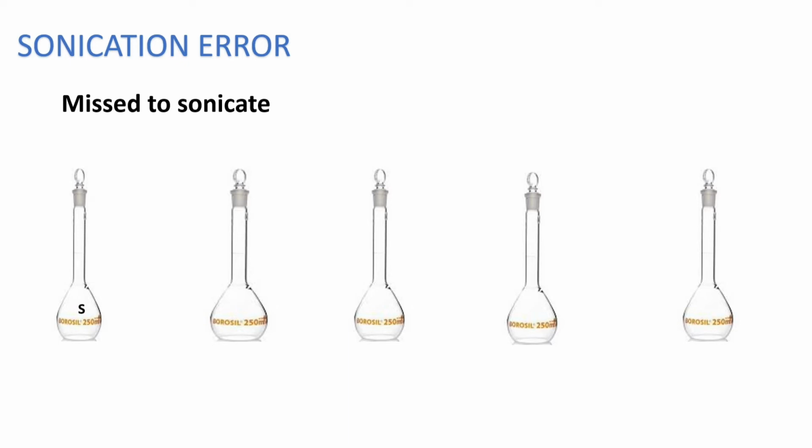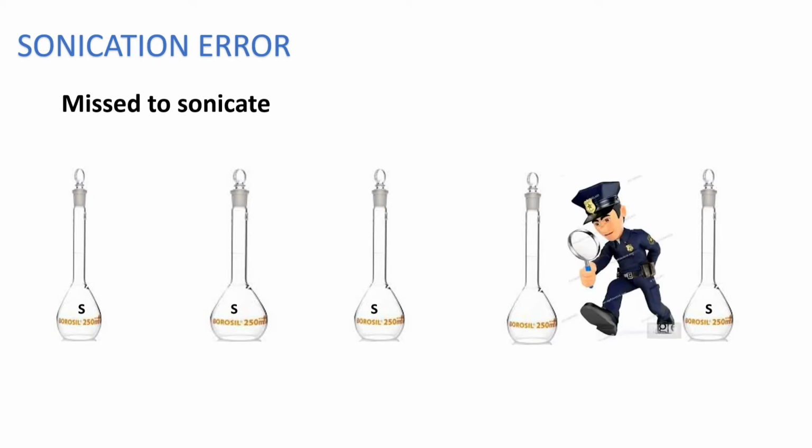So when you complete the sonication, you can put S. If you put S, it means this sonication is done. If S is not mentioned anywhere, then you can identify that this flask sonication is not done. In this way, you can eliminate this error for the sonication.